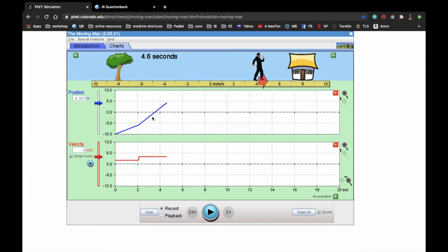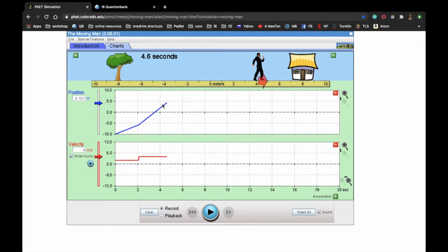Right, so you should observe that this line is steeper, in other words, has a higher gradient, or a higher slope than the first part. This is where the speed was 2, and that's how steep it is. I doubled the speed. We saw the man go forward faster, the arrow got bigger, and this line on the position axis got more steep.